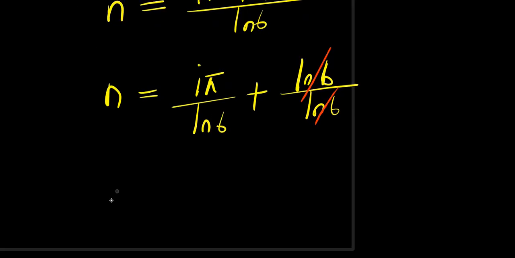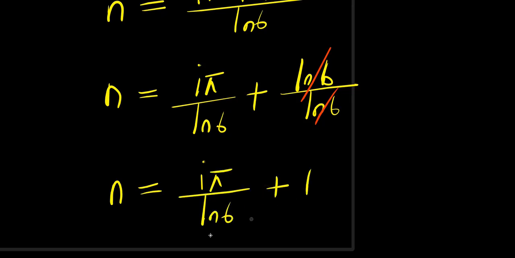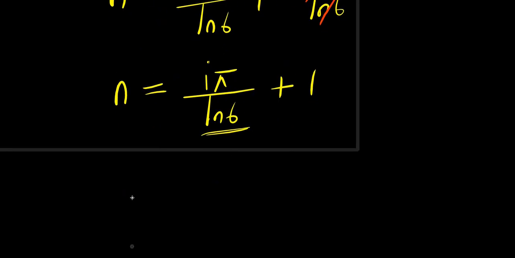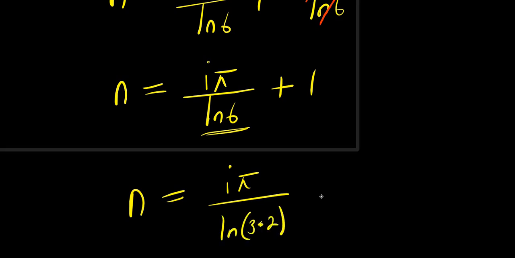So I have n equals I times pi divided by natural log of 6 plus 1. Now, natural log of 6 is simply natural log of 3 times 2. n equals I times pi divided by natural log of 3 times 2 plus 1.